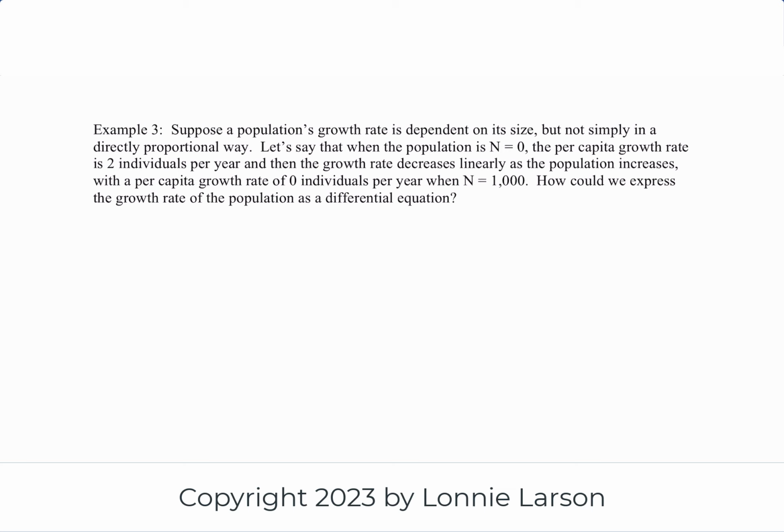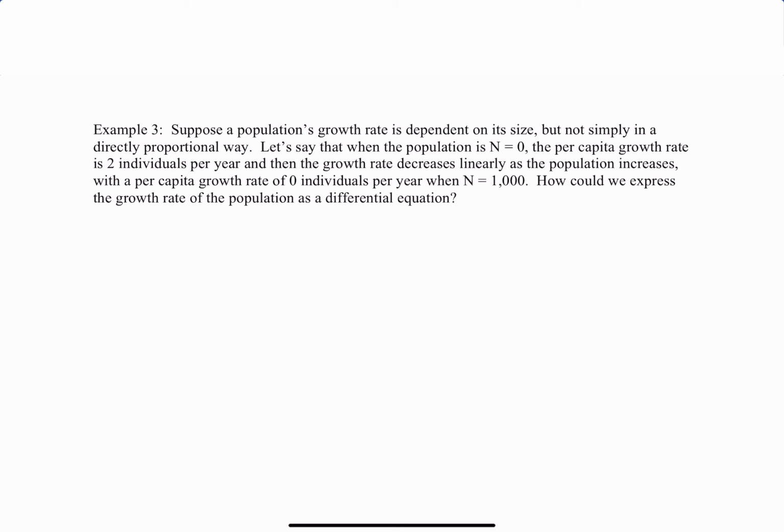This next example will have us derive a formula for a population growth model, but one that's different and possibly more realistic. It says, suppose a population's growth rate is dependent on its size, but not simply in a directly proportional way.